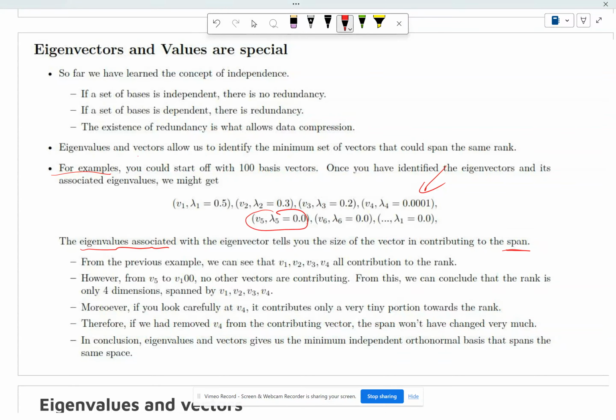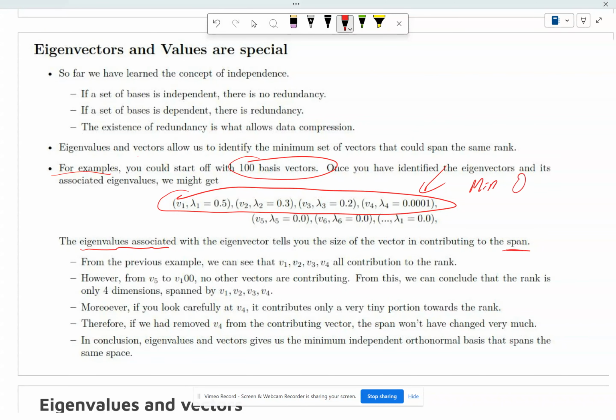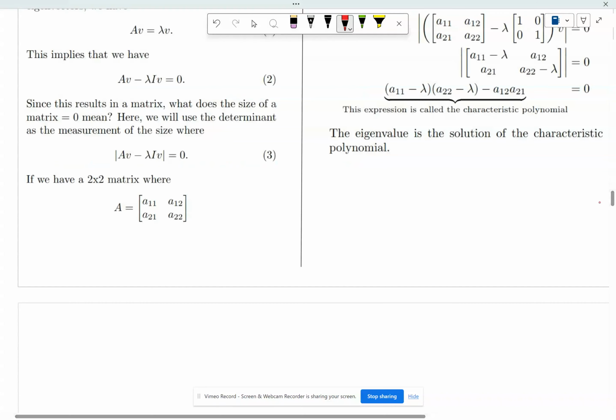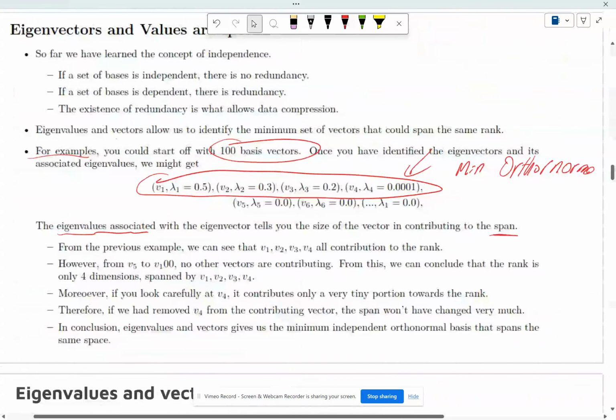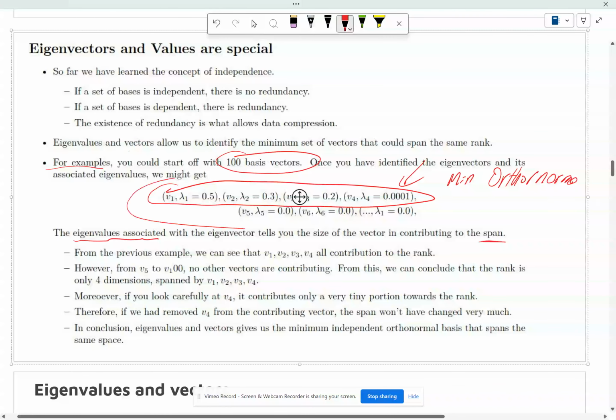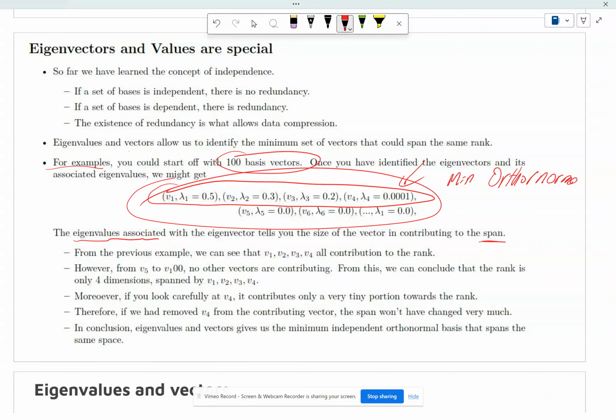And therefore, the ones contributing 0 are essentially redundant. So these are all redundant. Therefore, out of 100 basis vectors, we were able to identify the 4 minimum orthonormal basis vectors. This is why knowing the eigenvalues and eigenvectors is really useful.